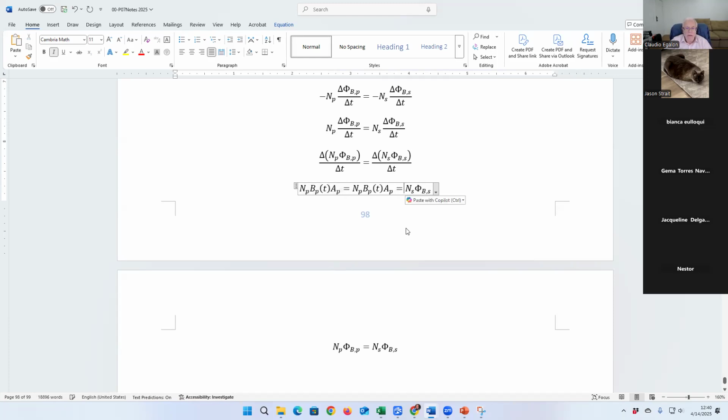Okay, I'm going to go another step. I'm going to write down this term here in terms of the current. Don't forget that the magnetic field is always proportional to the current, right? So because of that, I'm going to write that down in a simpler way, in terms of a constant of the primary times the current of the primary coil.